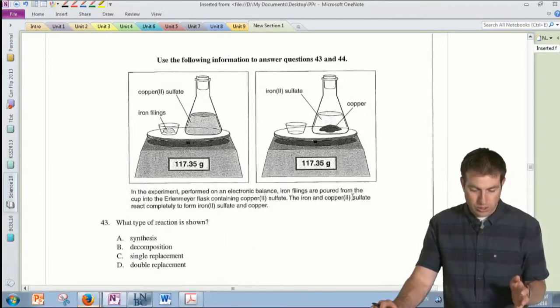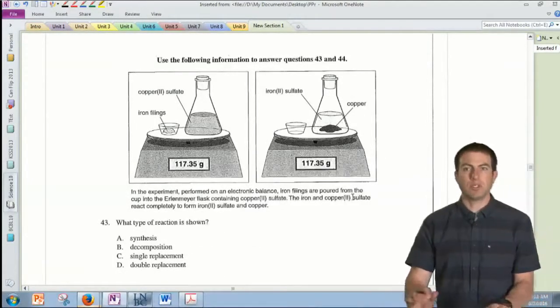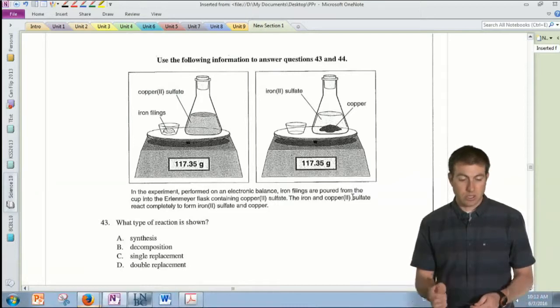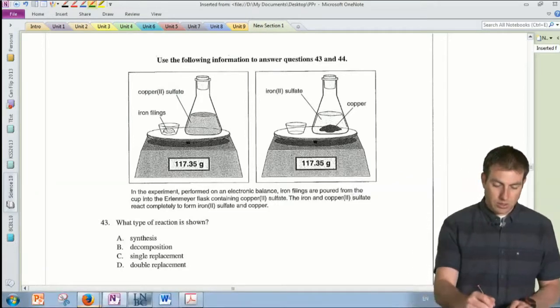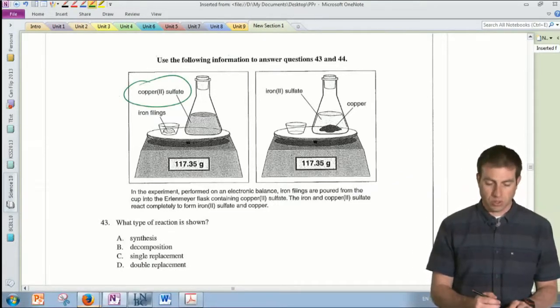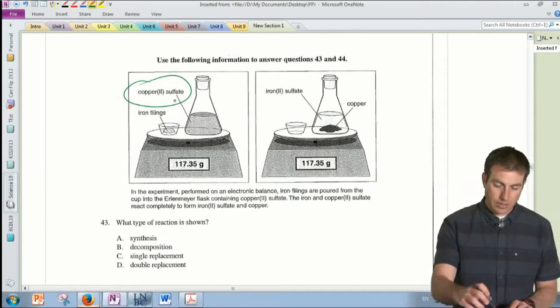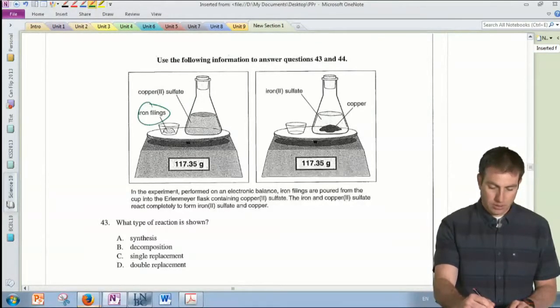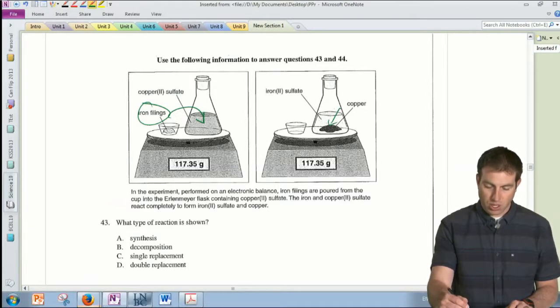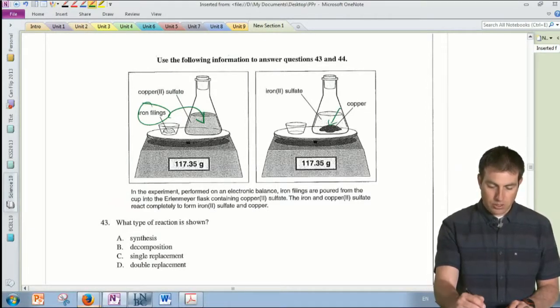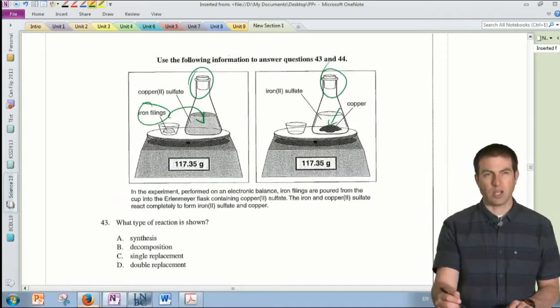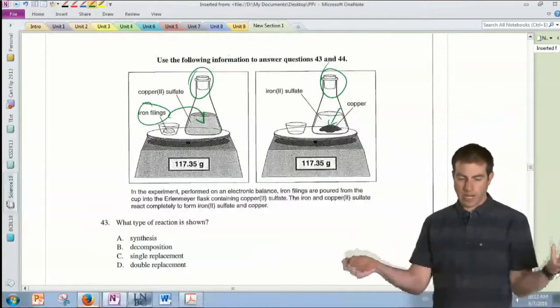There's always a question like this, and this one was interesting because I did a demonstration similar to this. This is copper 2 sulfate. I use copper 2 chloride and iron filings. So they're putting iron into here, and then they end up with a bunch of copper. They're showing that the stopper's on top, so it's a closed system, so nothing's entering or exiting.